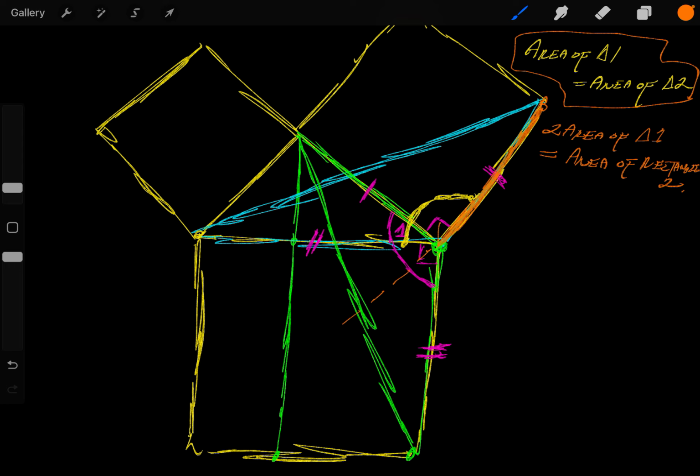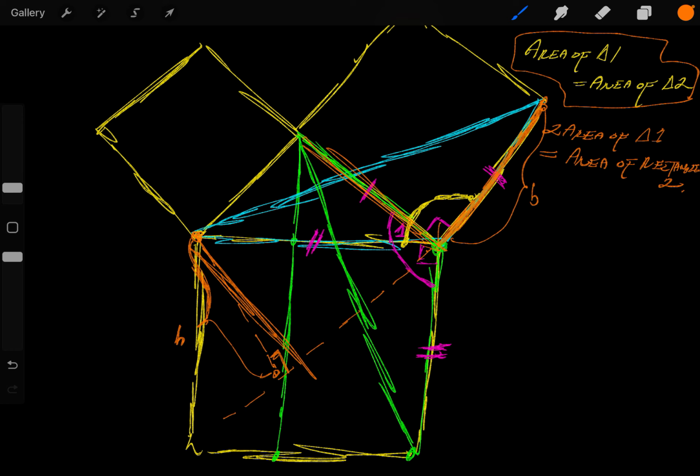Look at this orange side, extend it, and then drop down this perpendicular. We need to convince ourselves that this is H. If this is H, this is the same thing. I didn't draw it that well, but you should see that this length is the same as this length. And this is the base.